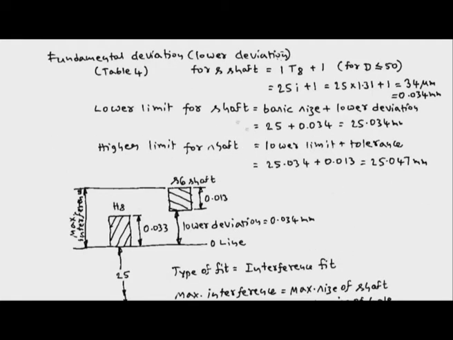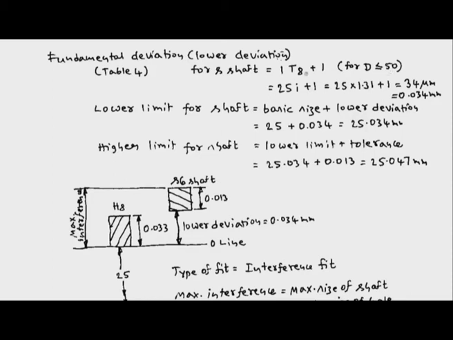Now, fundamental deviation for the shaft from table number 4, it is nothing but lower deviation, this is equal to IT8 plus 1. So, this relationship can be used if the mean diameter is less than 50 millimeter.